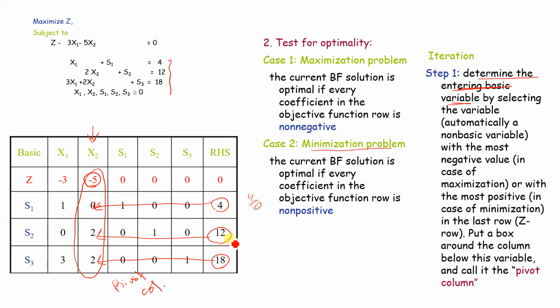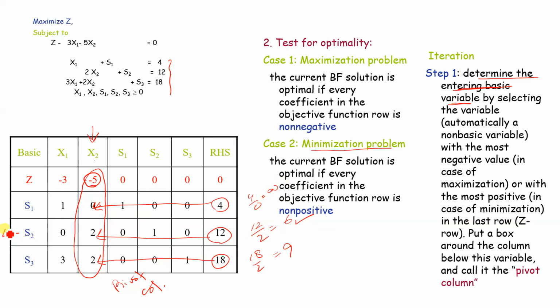This is 4 over 0, this is 12 over 2, and this is 18 over 2. 4 over 0 is infinite, so we are going to neglect it. We are not going to choose infinite or negative ratios. So this is equal to 6 and this is equal to 9. The leaving variable would be the variable whose ratio is least positive. In this case, we have 6, which is the least positive among all these.